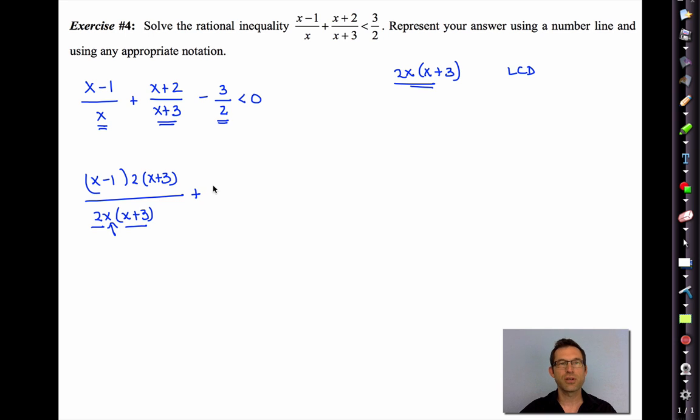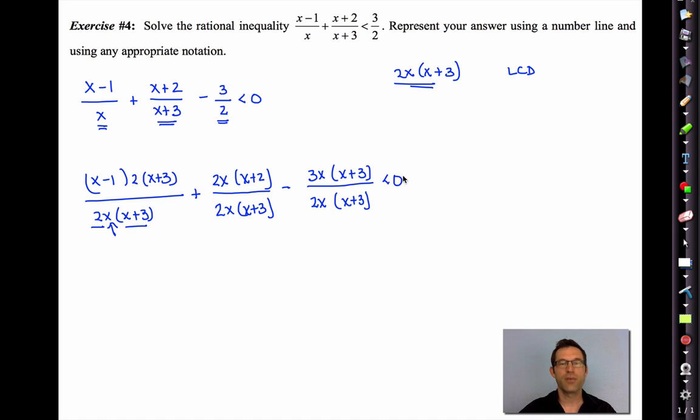The second fraction, I'm going to have to multiply top and bottom by 2x, because it's already got the x plus 2. Whoops, my mistake, that should be an x plus 2. And the last one, I'm going to have to multiply the numerator and denominator by x and x plus 3, because it already has the 2.